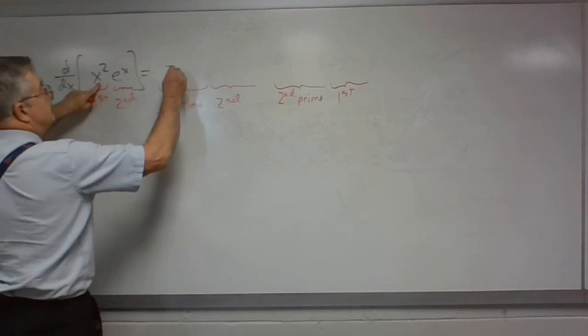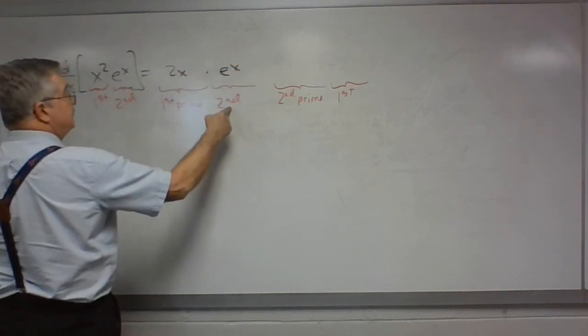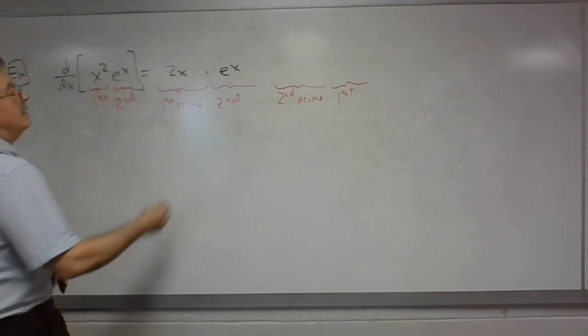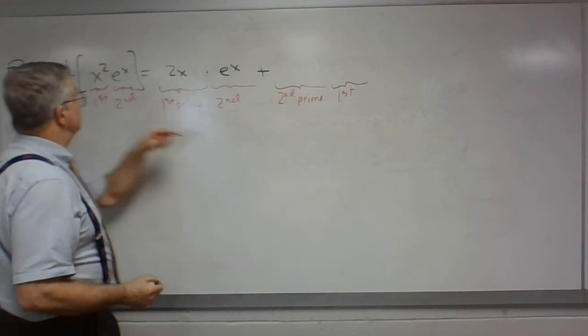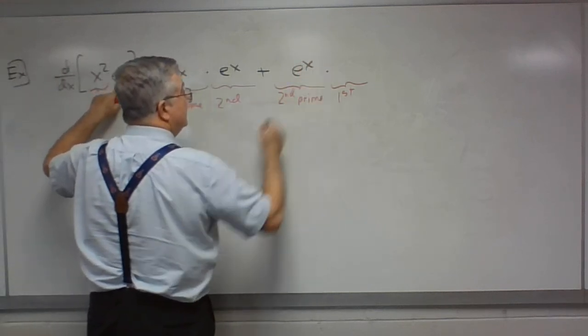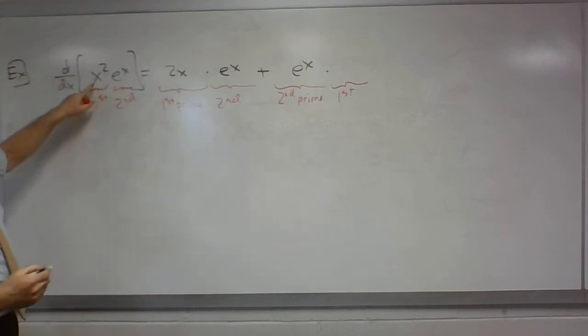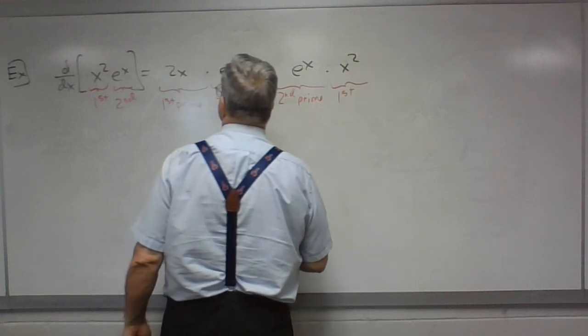First prime is 2x. Second is e to the x. It's the second function verbatim. Plus second prime, the derivative of the second function, that's just e to the x, times the first, x squared.